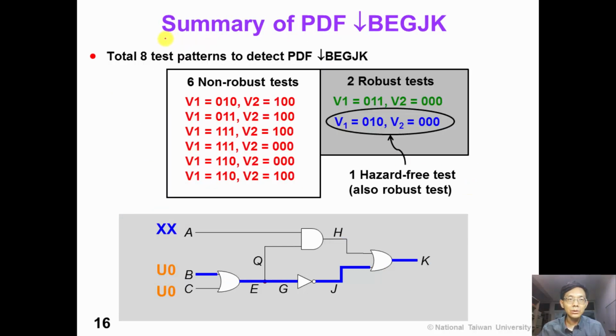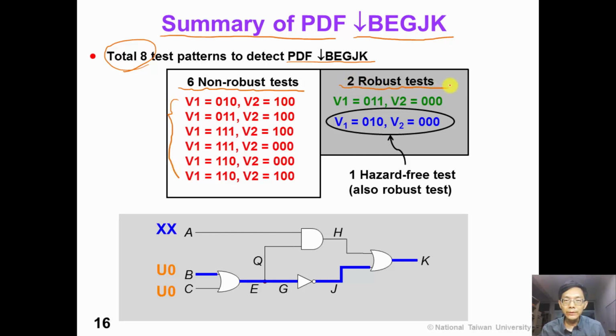Now, let's make a summary about our old friend, the path delay fault BEGJK. Totally, we generated 8 test patterns to detect this fault, out of which 6 of them are non-robust tests. These 6 tests are listed here.